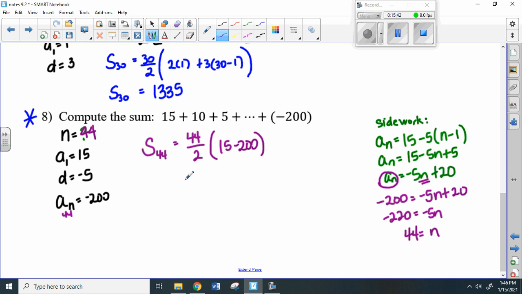All right, and then you can type all that in the calculator at one time, or you can do the two pieces separately and then multiply them. You should definitely practice on your own if you're watching this for the first time, and hopefully you get negative 4070. Okay, and that's all I have for arithmetic sequences and series.